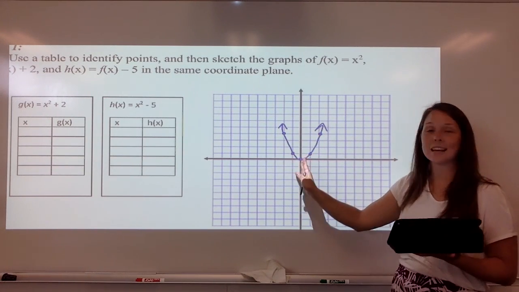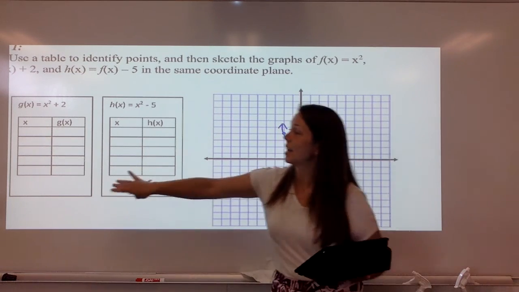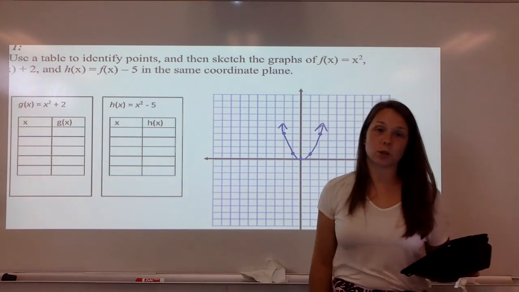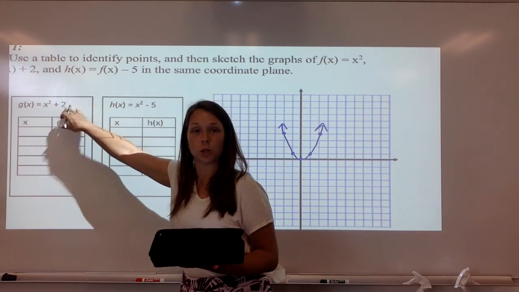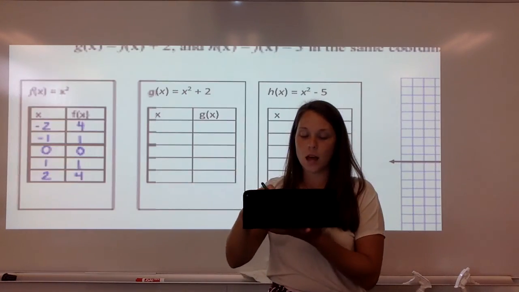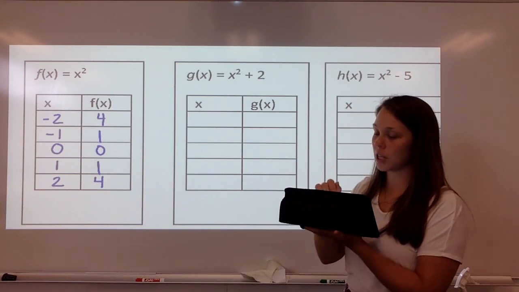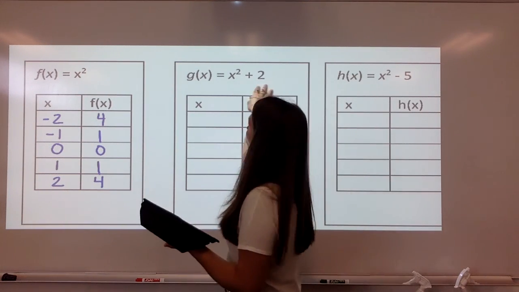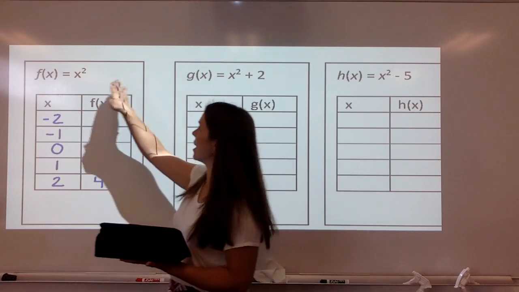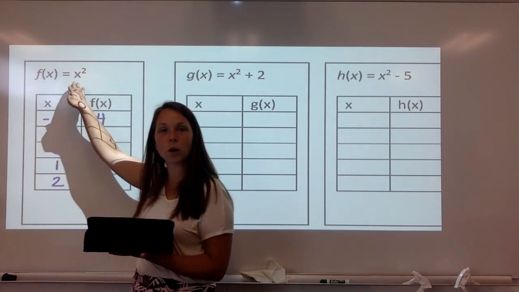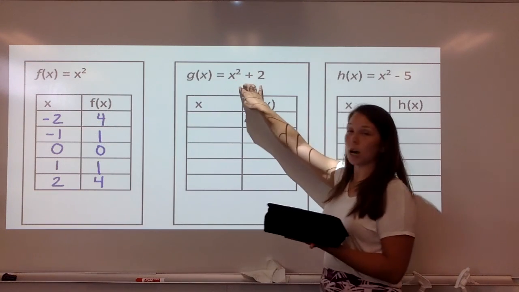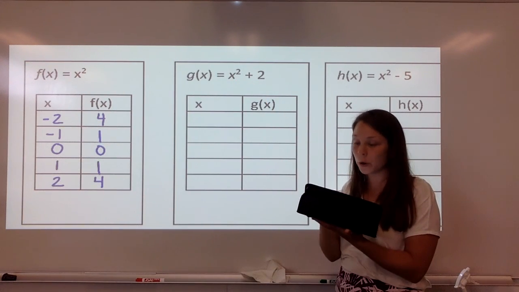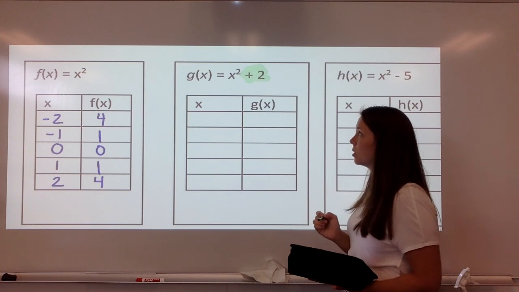We're now going to take this parabola and apply these two transformations to it individually. So let's start with the first one, x squared plus 2. When we're talking about transformations, I really like to highlight: look at how this is written and how is it different from the parent? What is new? What has changed? Well, from x squared to now x squared plus 2, the thing that's new is plus 2.